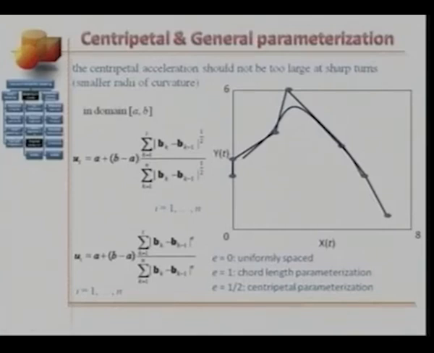Now, so far, you would probably not realize the relation between these parameter values u of i and the knot vector or the knots. You might want to be a little patient as of now. We would be able to specify that relation very soon.